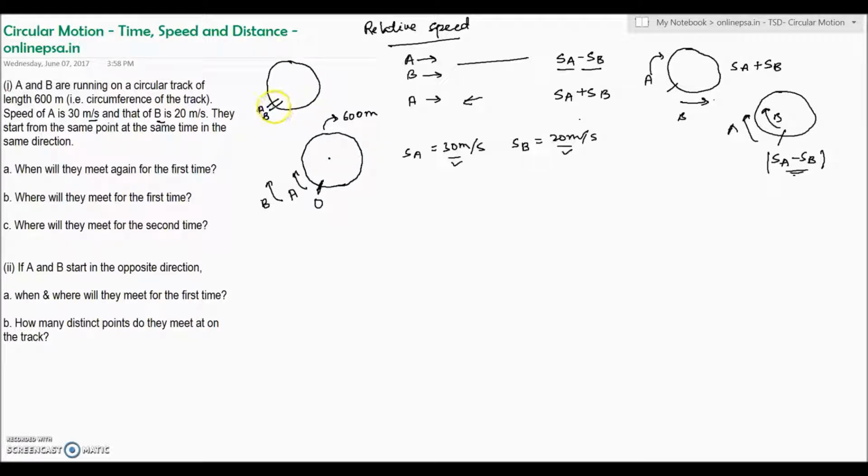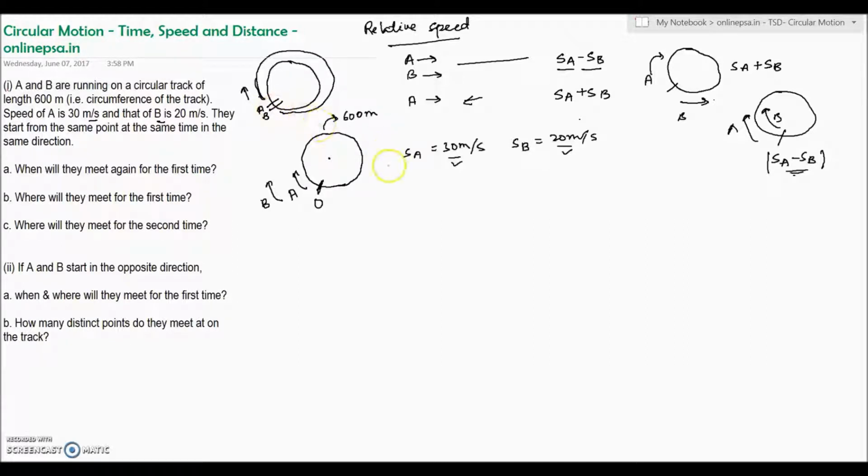A has gotten a very minuscule amount ahead of B because A's speed is much more. Now what A is seeing is that A has to cover this entire distance to meet B, right? A and B are together moving in the same direction. Now A is looking at this entire distance, which is the circumference of the track, to be covered so that it can meet B, right?